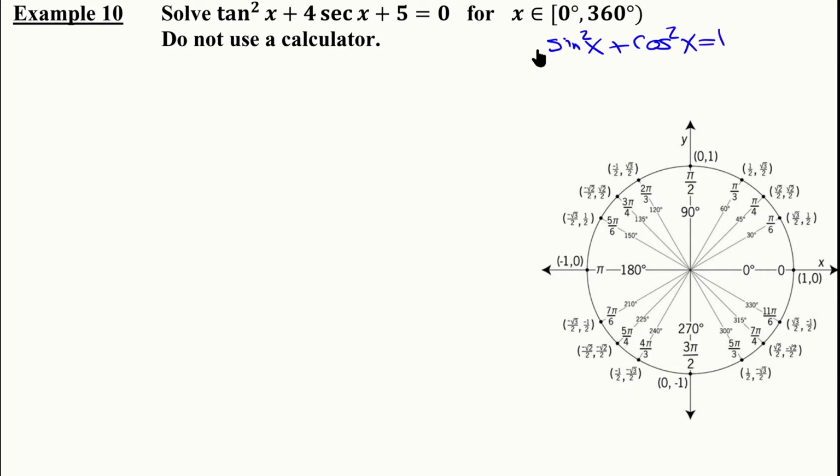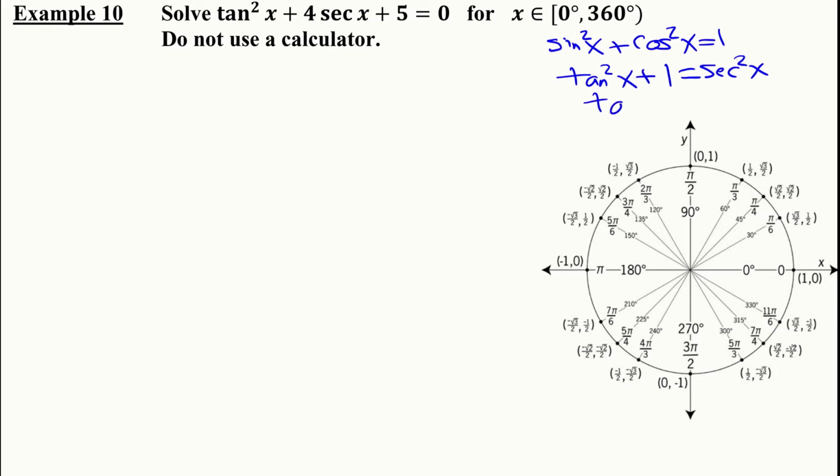We know that if we divide both sides by cosine squared, we end up with sine squared over cosine squared, which is tangent squared x, plus cosine squared x over cosine squared x, which is 1, equals 1 over cosine squared, which is going to be secant squared x. So we're going to go ahead and replace the tangent squared x with secant squared x minus 1.